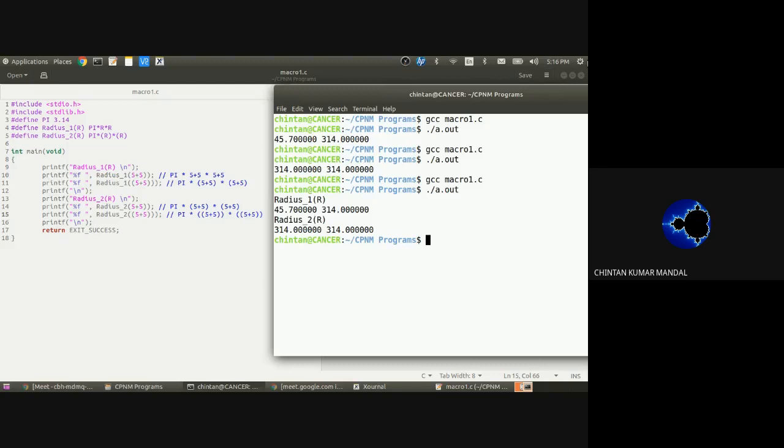This is just an example where you can fall into a trap when working with macros. So radius underscore 1 is actually a trap. Okay. Any question here?